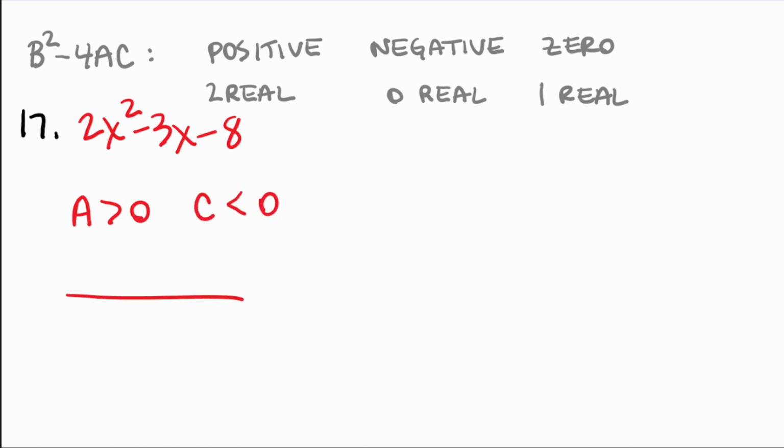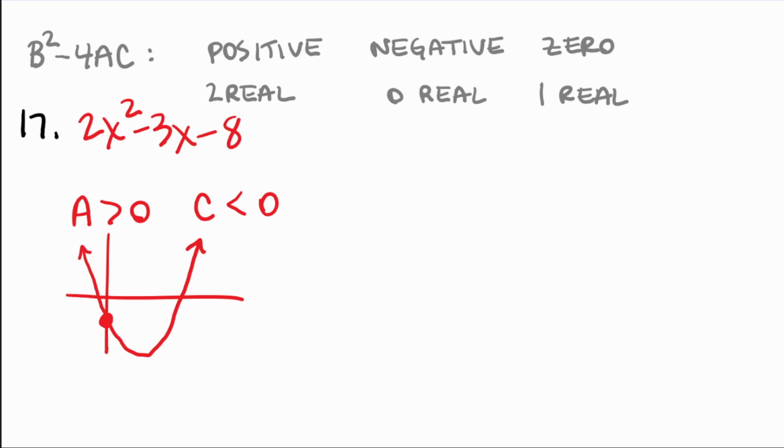Okay, I'll put an x-axis in there. If C is less than 0, the y-intercept is below the x-axis, right? Because C is the y-intercept. What I'm going to assume with no loss of generality is that when it hits this, it's going down. If it wasn't, it would just be mirrored across the y-axis, and we'd still have two solutions, right? Just can't avoid it because the parabola opens up.